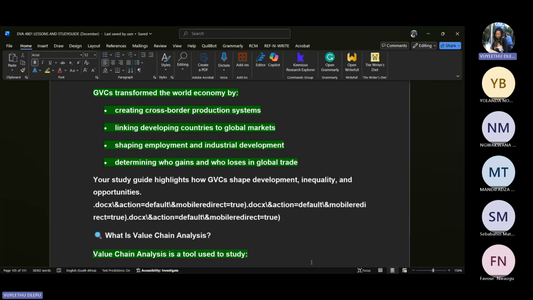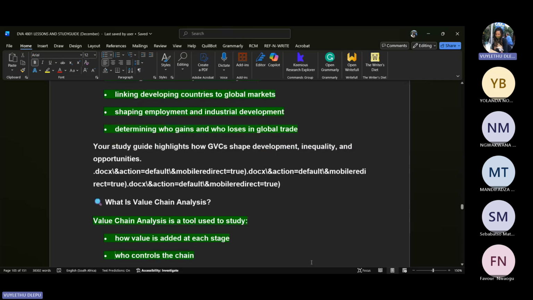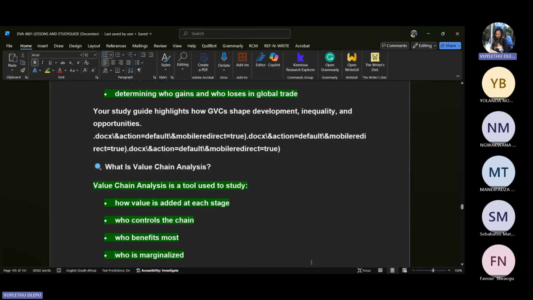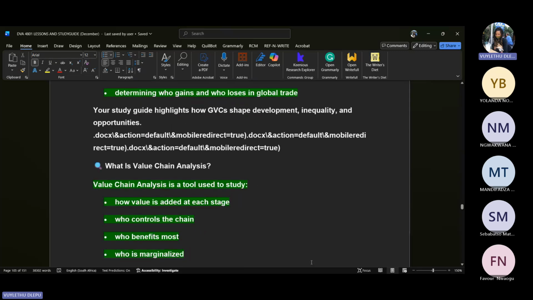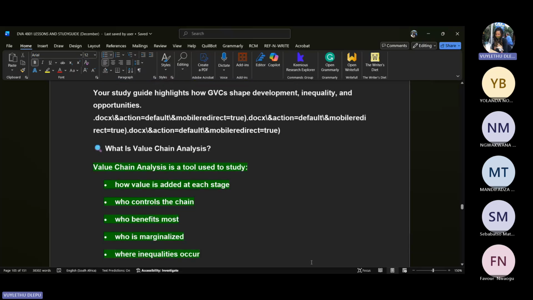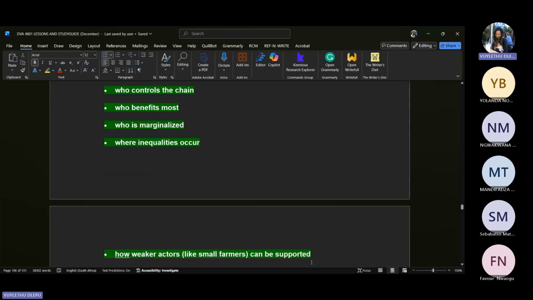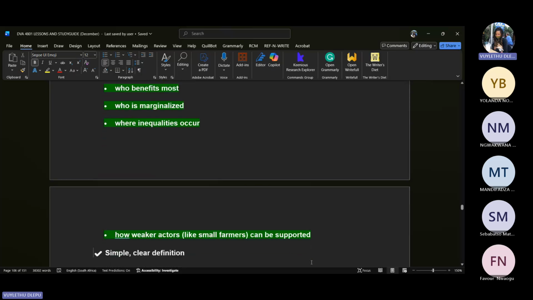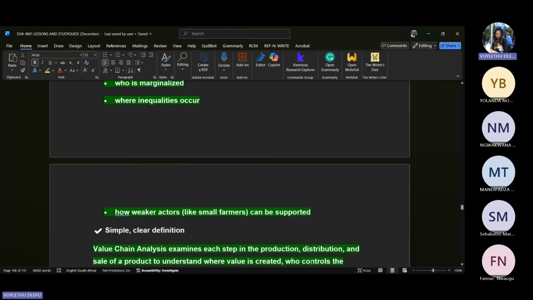And then value chain analysis is a tool used to study how value is added at each stage, who controls the chain, who benefits the most, who is marginalized, where the inequalities occur, and how weak actors like small farmers can be supported.